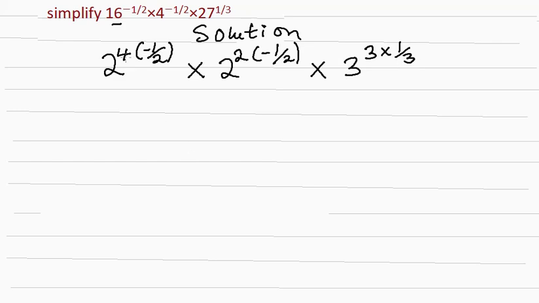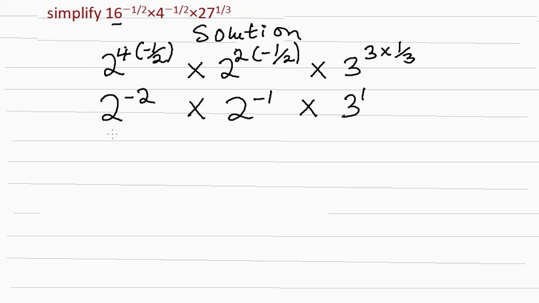Of course, from what we have here, 4 all over 2 is 2. 2 times minus 1 will give me minus 2, please pardon me. That's 2 raised to the power of minus 2. Then multiply by 2 to the power of minus 1 cancels, so here I'm going to have 2 raised to the power of minus 3, then multiply by 3 raised to the power of 1. Of course, this is reciprocal.